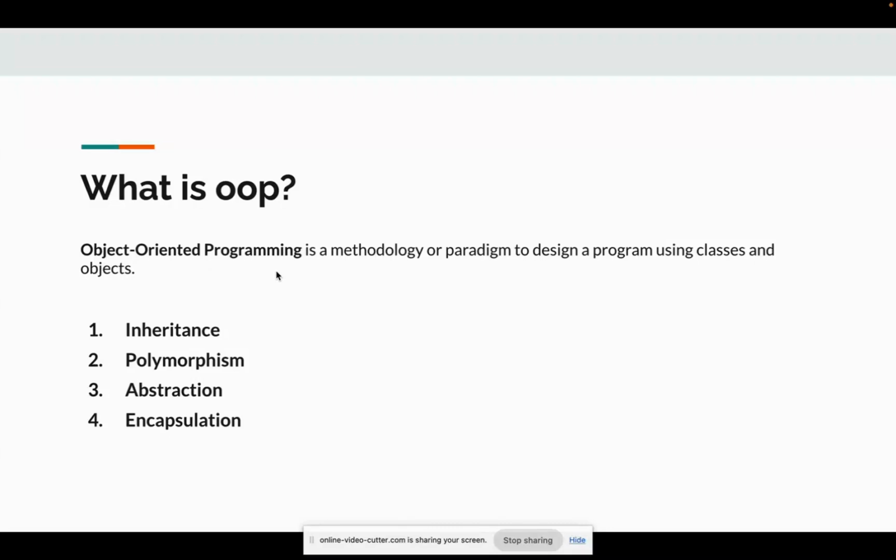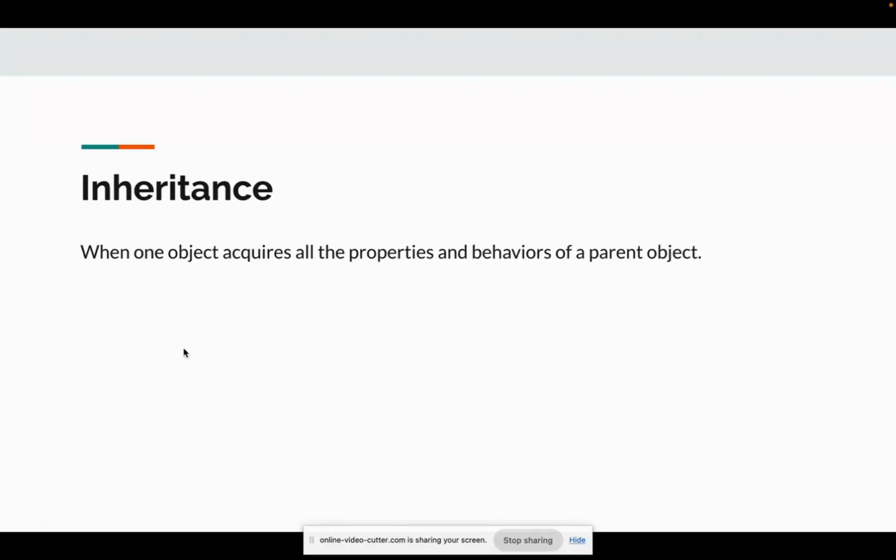There are 4 key points you need to know. Sometimes I forget, but you should memorize: inheritance, polymorphism, abstraction, encapsulation. You must know these if you are a software engineer.